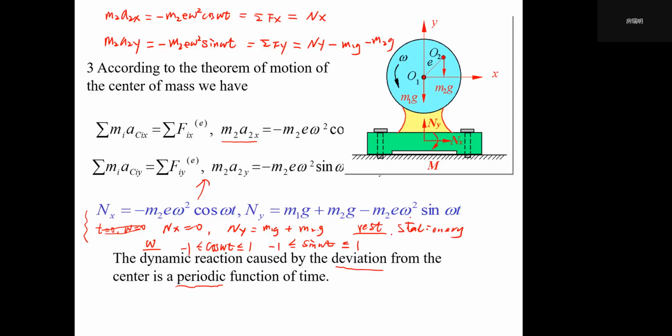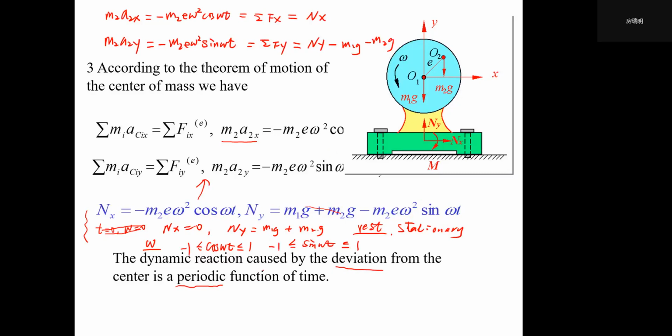If this omega is big enough, this part may be neglected, so the sign will totally depend on omega t. So sometimes ny will be in the upward direction and sometimes in the downward direction. The nx may also be directed right, or directed left.